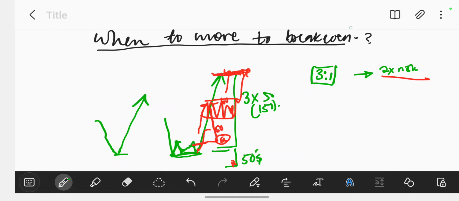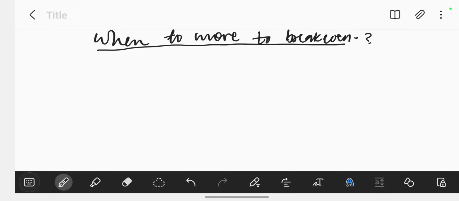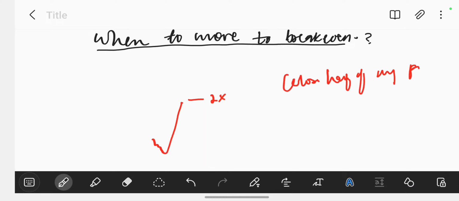But sometimes you feel like, let's say your account is growing and the loss that you are using is bigger now. You can say the price has moved 2 times. Instead of moving to break even, I can say let me close half of my position.